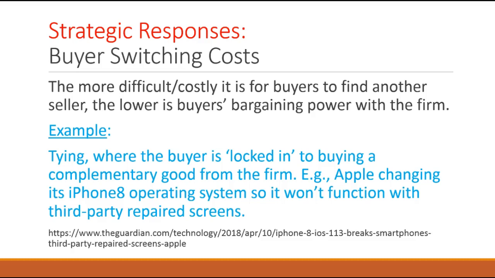Buyer switching costs become quite high if you're able to fairly closely tie your product with some other service, which you are also offering. A rather unpleasant example that I came across that you may be familiar with is the way that Apple ties the use of its iPhones to its own services and perhaps some of its other products.